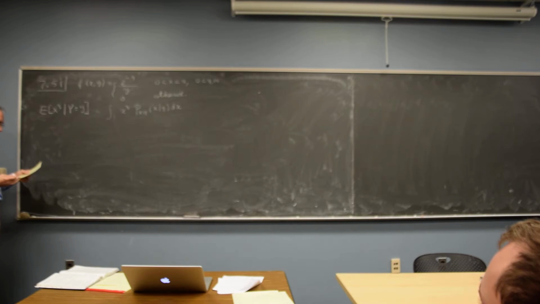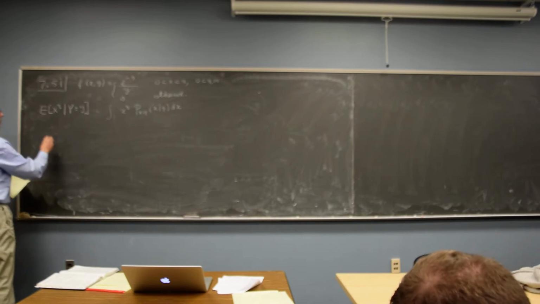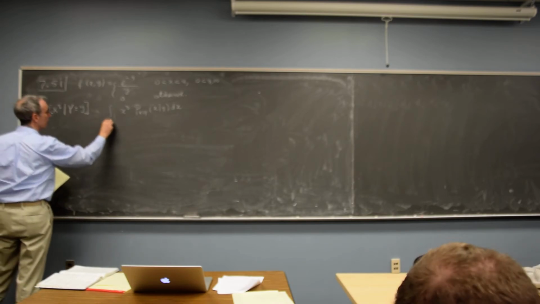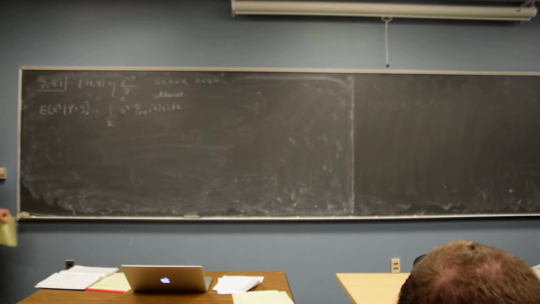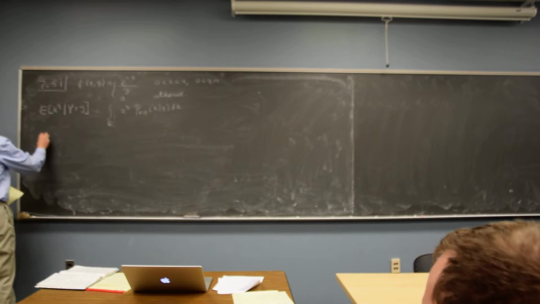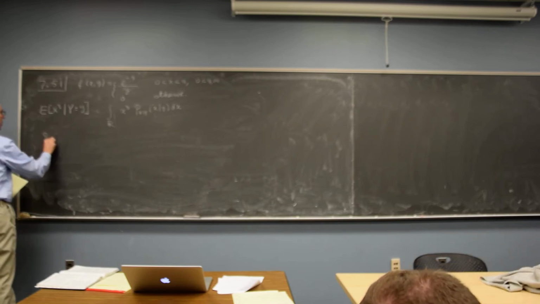So what is this object here? In principle, it's over all R. So what is P of x given y?